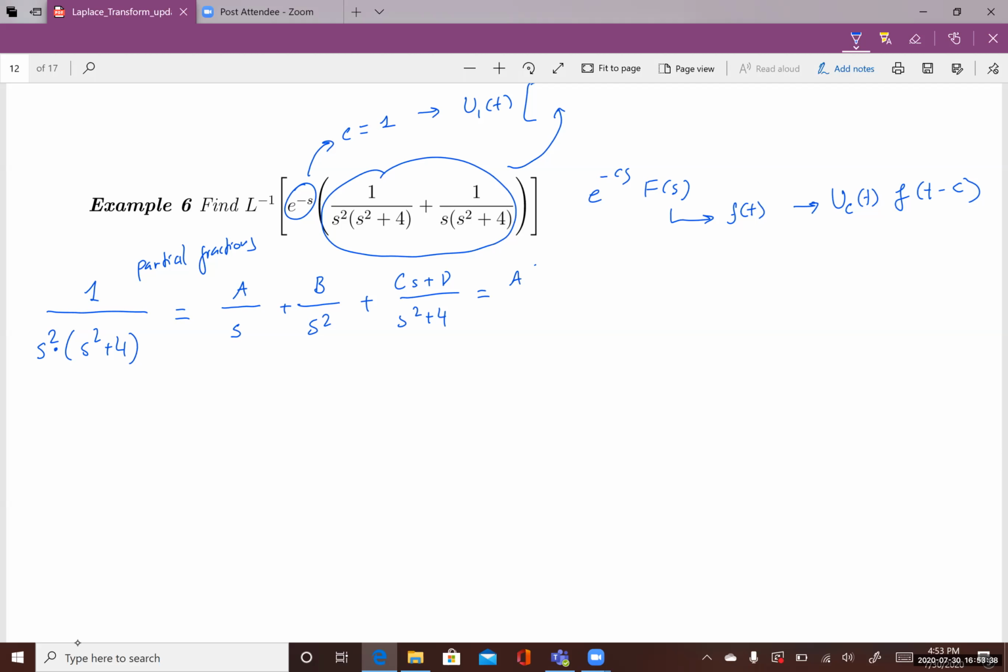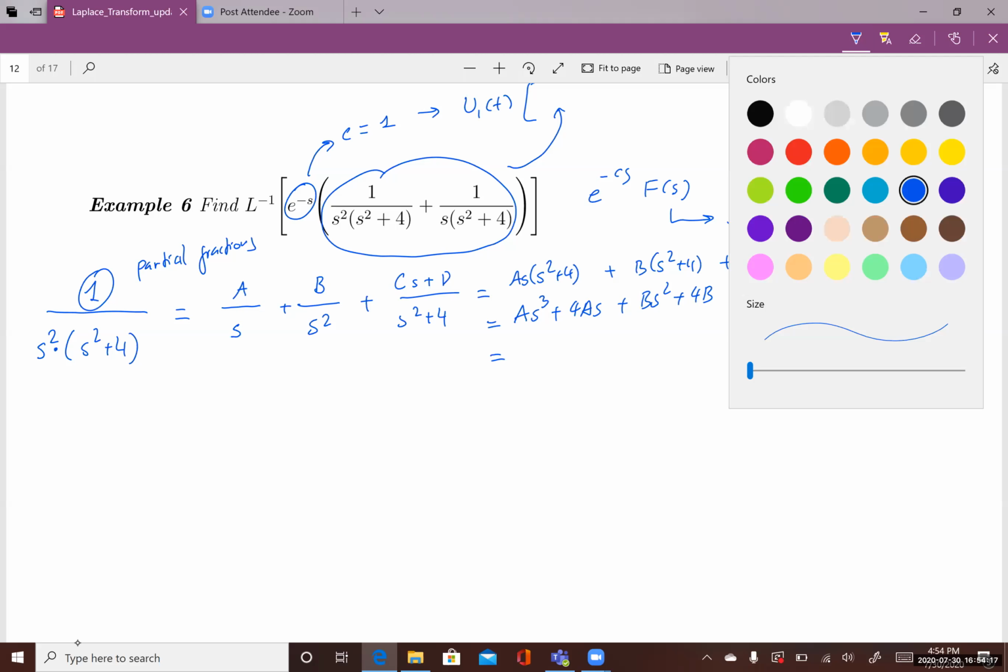So you have a s times (s squared plus 4) plus b times (s squared plus 4) plus (cs plus d) times s squared. Okay, so this is going to equal as cubed plus 4as plus bs squared plus 4b plus cs cubed plus ds squared. And you know that this is going to equal 1. Okay, so there's only one constant on the right side.